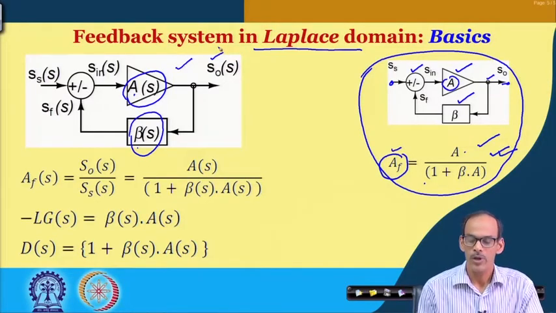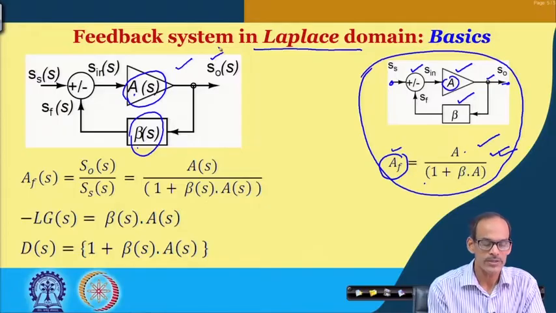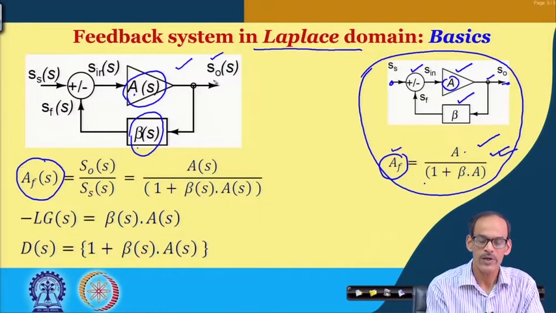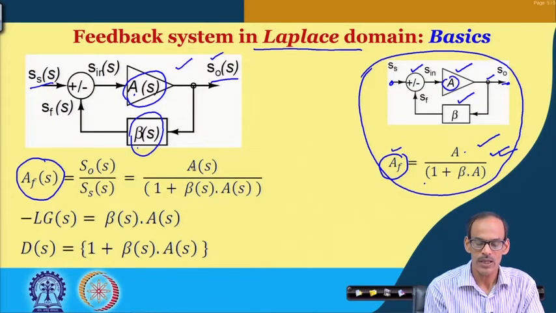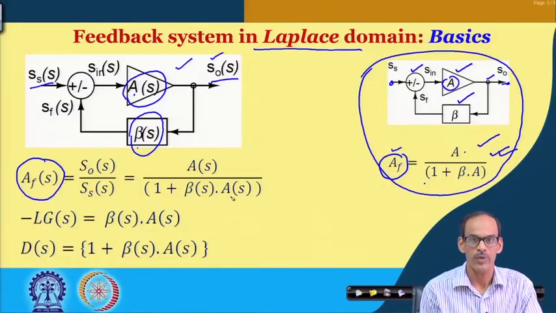But even in this situation, the feedback system transfer function defined by primary output to primary input is A divided by 1 plus beta into A.